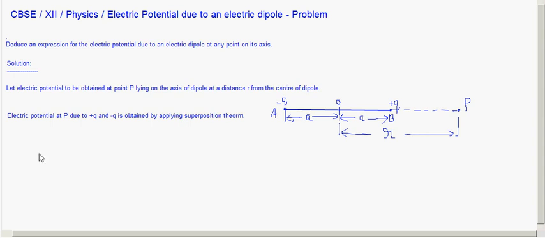So the total electric potential at point P, V, is equal to the potential due to the minus q charge plus the potential due to the plus q charge. The potential due to the minus q charge is 1 by 4 pi epsilon naught into minus q divided by the distance of minus q from point P, that is r plus a.